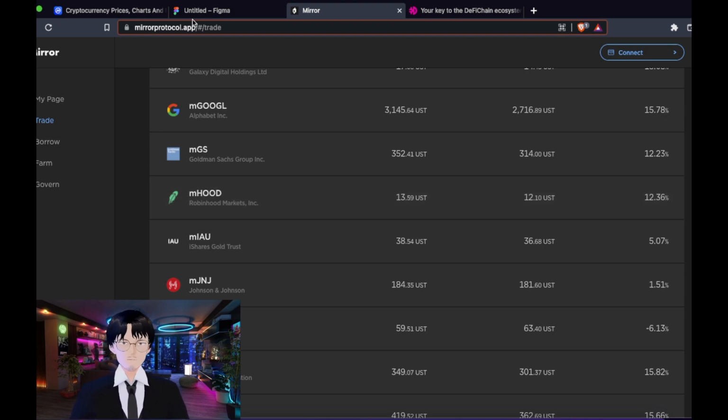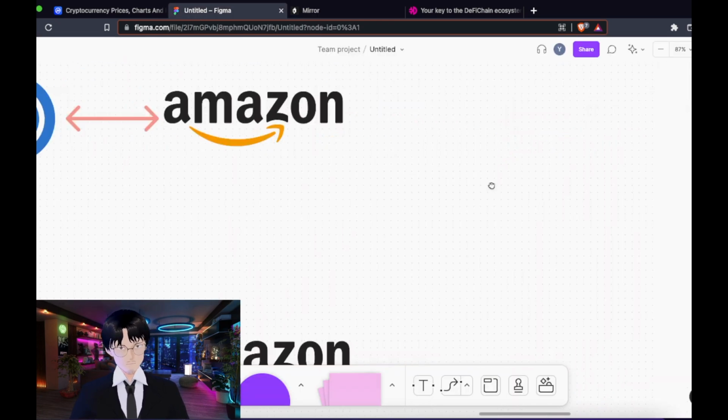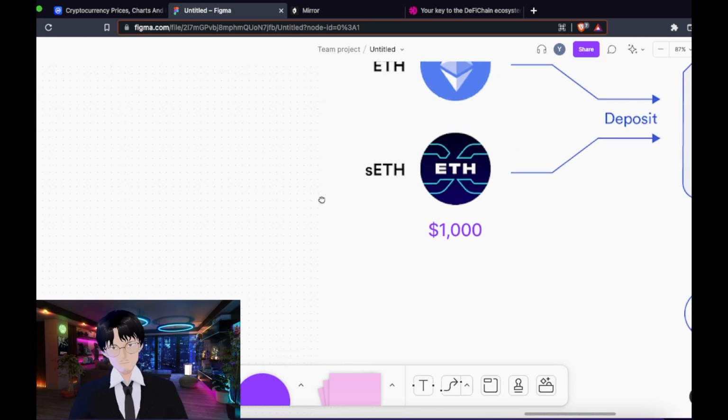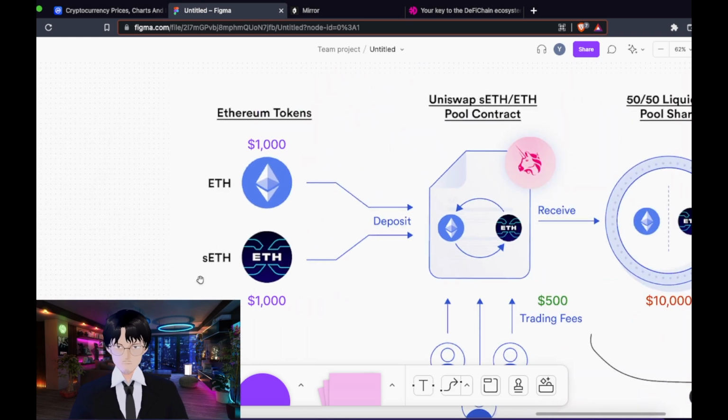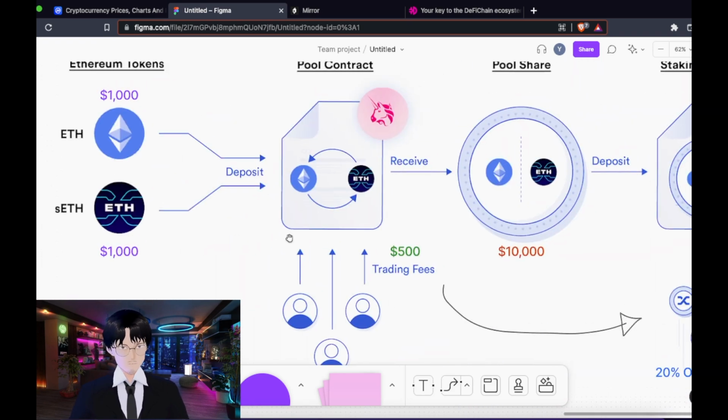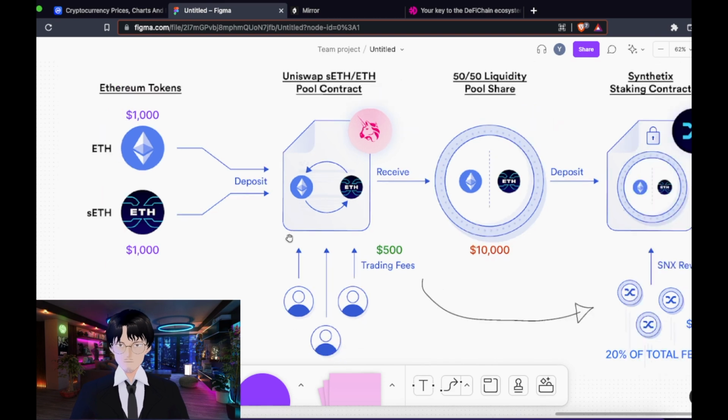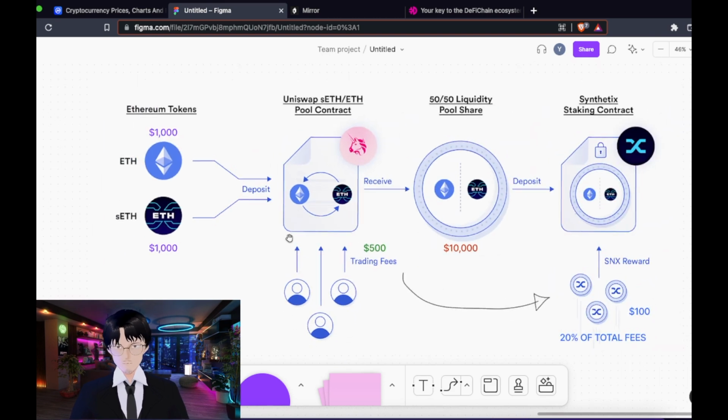So now that we know what synthetic assets are, the next important thing that we've got to know is liquidity mining, because it's a strategy we'll use to generate passive income from the synthetic assets. So in short, liquidity mining represents a new way of using cryptocurrencies by providing liquidity to these decentralized exchanges.